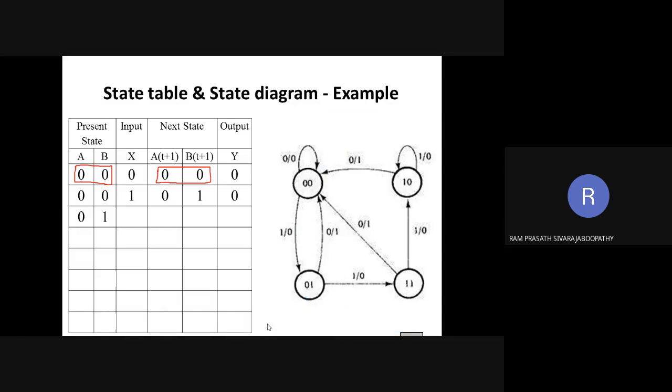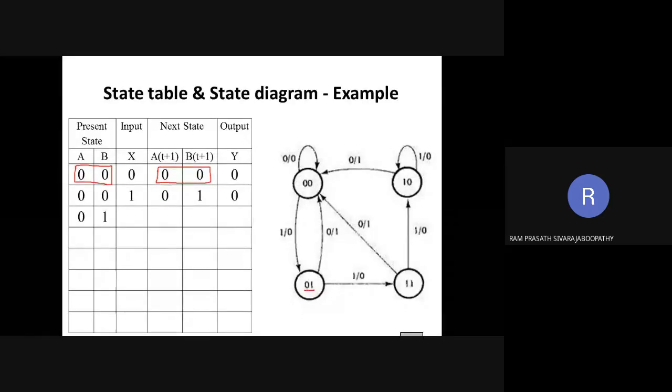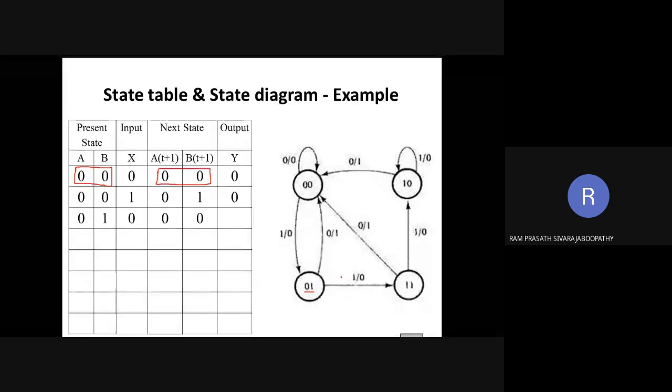So like that it is done. Next, 0, 1: we have said the present state is 0, 1. So what is the meaning? Now it is in this state. Correct? We are going to apply the input as 0 so that it moves to the next state 0, 0. If we give input 0 in this state, where does the arrow go from here? It goes to state 0, 0. So this is the state transition that occurs.